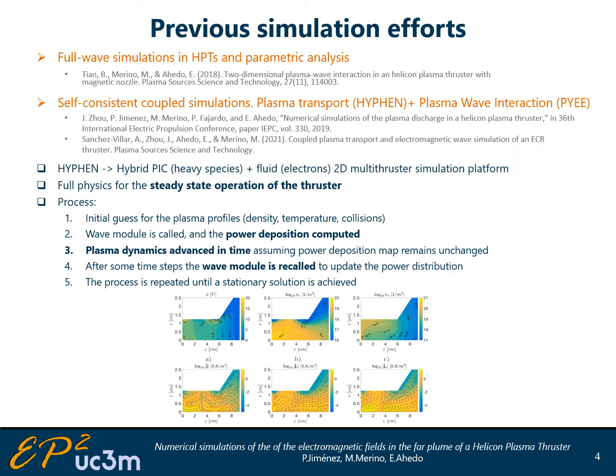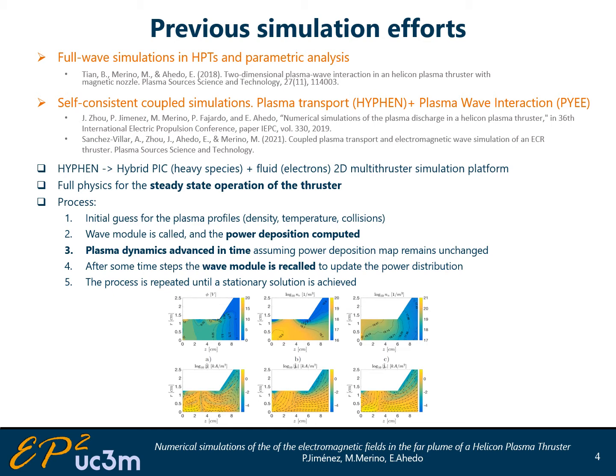So the team has been working for a long time on the wave propagation and absorption problem for electrode-less thrusters. Besides some 1D simulations and preliminary studies, we achieved full wave simulations for HPTs in a 2D domain. Last year we were able to couple the plasma transport and plasma wave interaction for a self-consistent solution.